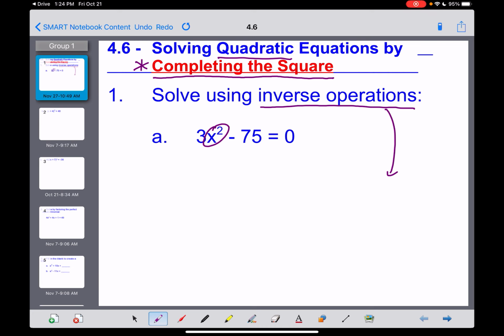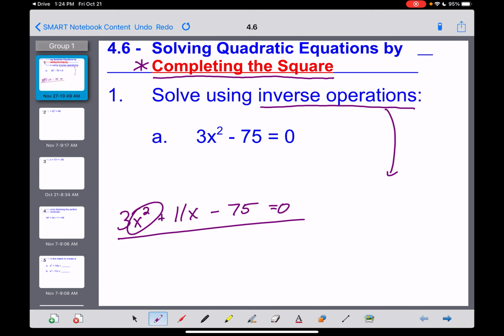However, I do want to point out, earlier in this chapter, you guys saw equations that looked maybe like this: 3x squared plus 11x minus 75 equals 0. Now, this is also a quadratic equation because of the x squared, but this is what we would call a more difficult quadratic equation, and this one is what we would call a simple quadratic equation. And what's the difference? This term right here.